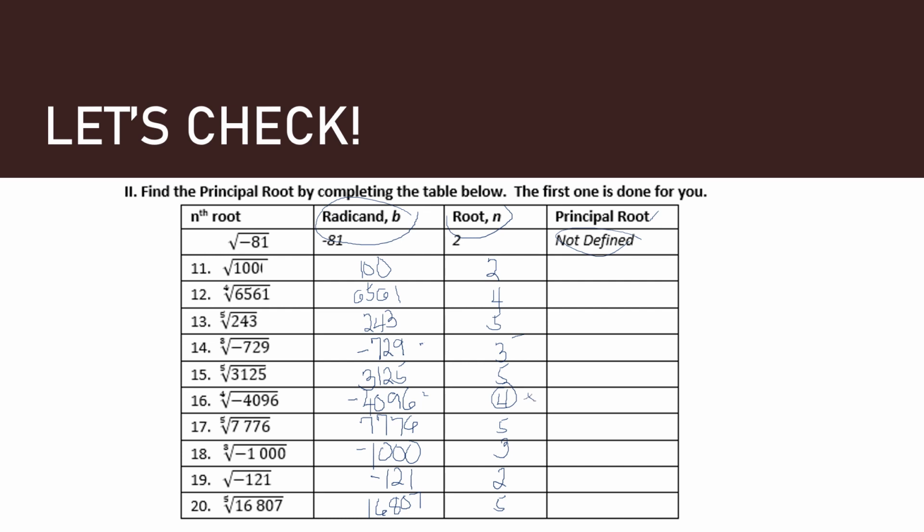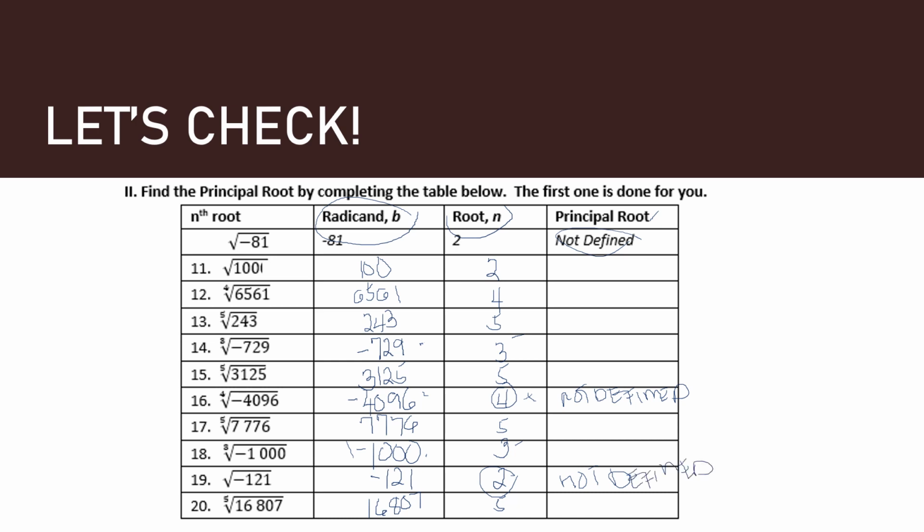So this is not defined or undefined. Next, we have here a negative radicand, but it is odd, so that is okay. The root is odd. But for this one, we have negative 121. It is asking for the square root. Square root is even, so that is also not defined.